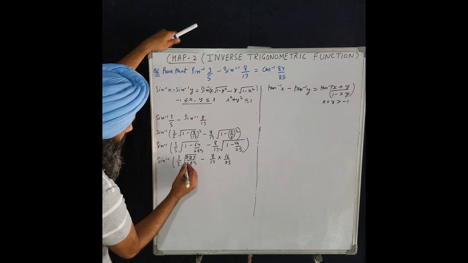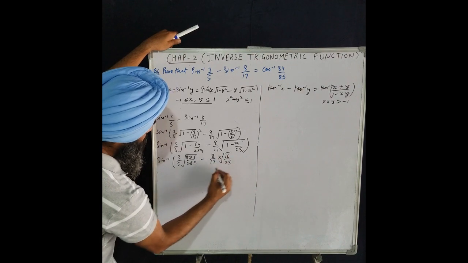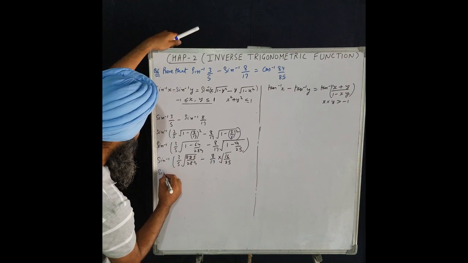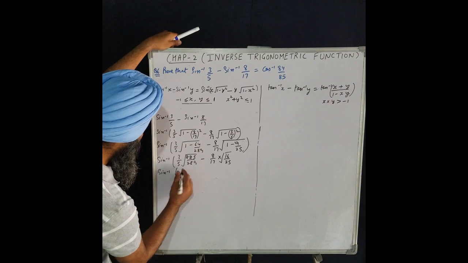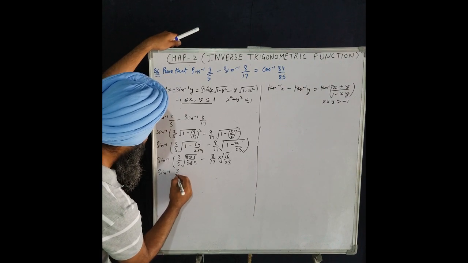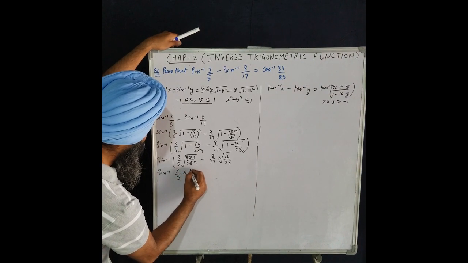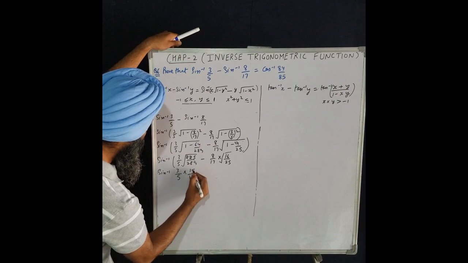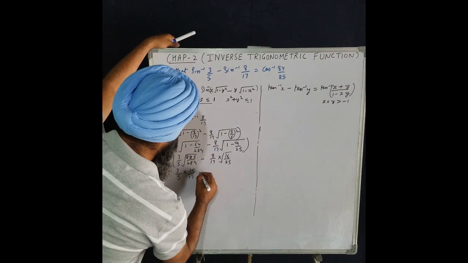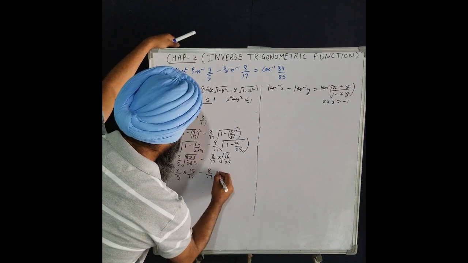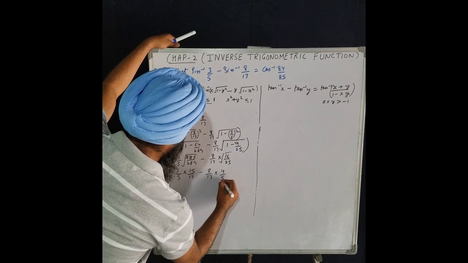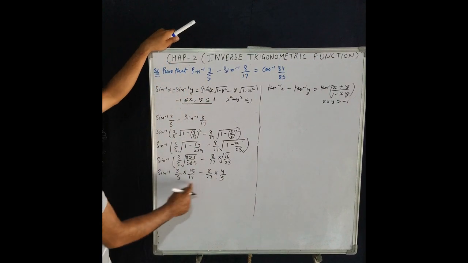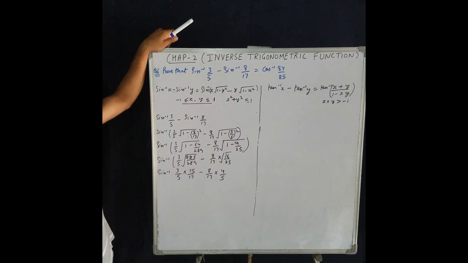Okay, solve it beta. Take square root, sine inverse 3/5 into 15/17. Okay, 15/17 minus 8/17 into 4/5. Okay, the LCM in both cases is the same, 17 into 5.